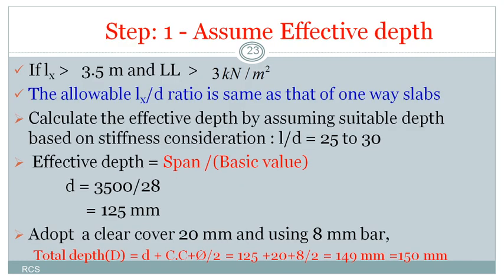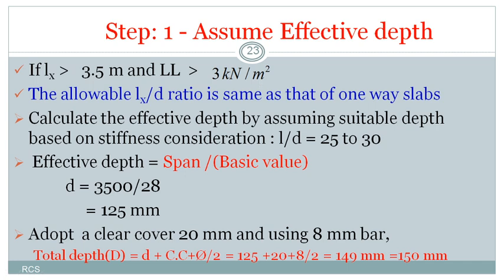First we have to assume the effective depth. For this we have one consideration: we have to check our LX value and live load value. If LX is greater than 3.5 meters and live load is greater than 3 kN per meter square, then we go for what?